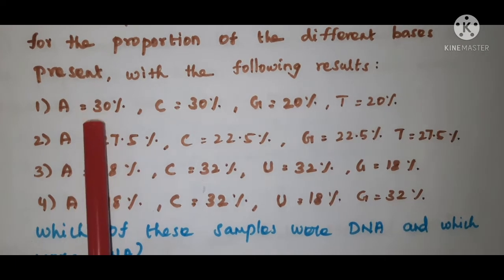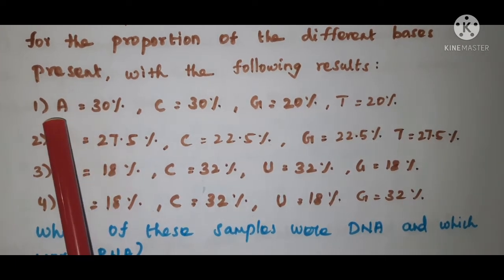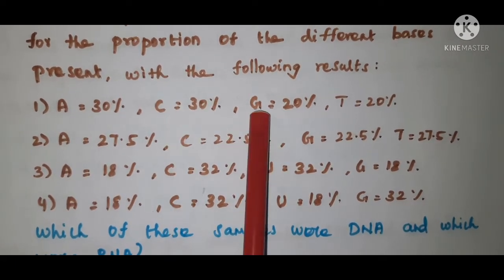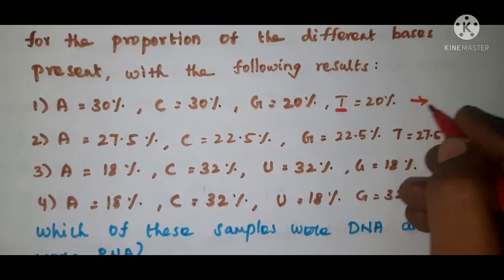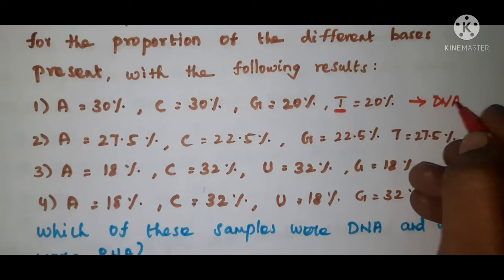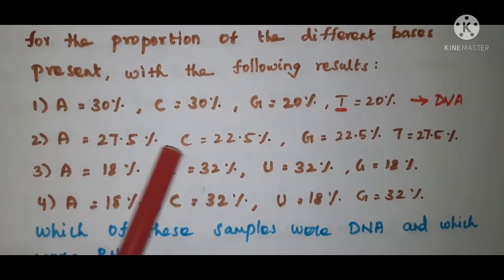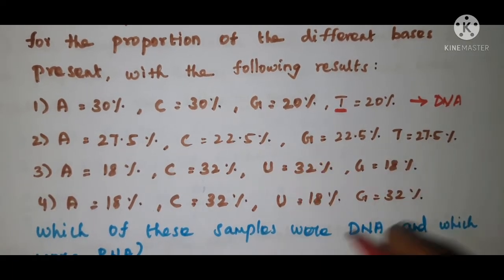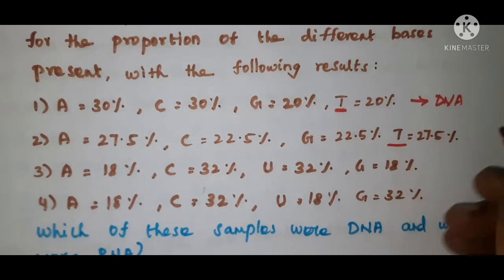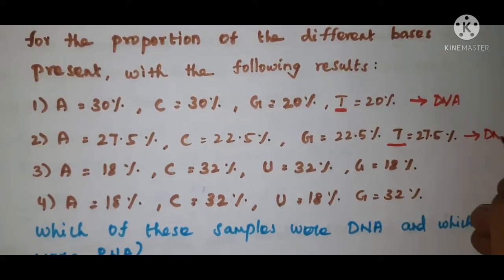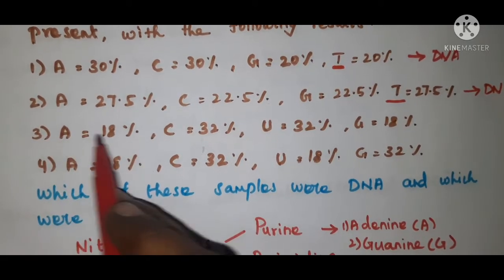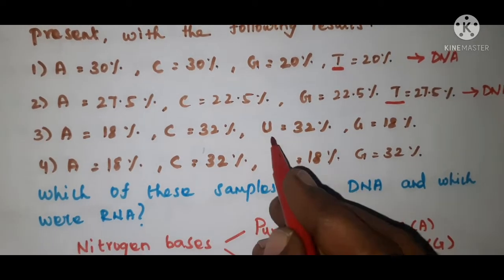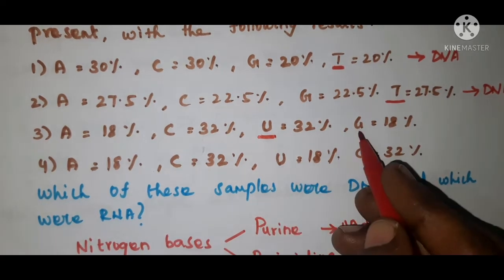In the first sample, the nitrogen bases present are adenine, cytosine, guanine and thymine. So it is DNA. The second sample, adenine, cytosine, guanine, thymine. If it is thymine, it is DNA. And the third sample, adenine, cytosine, uracil and guanine.